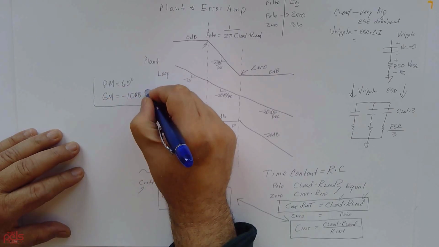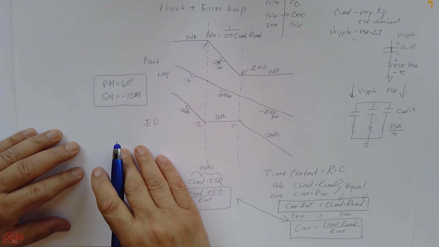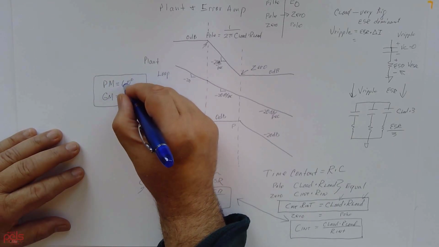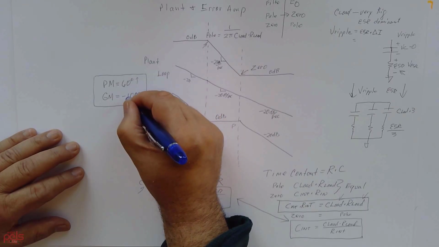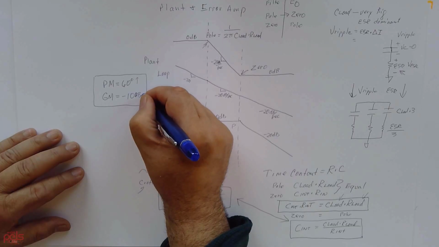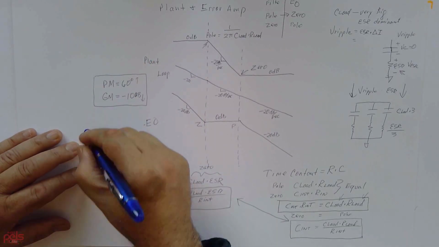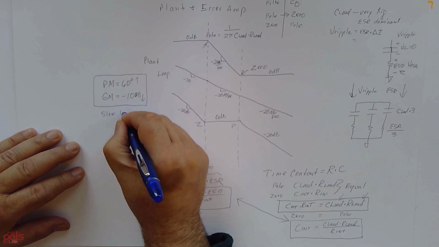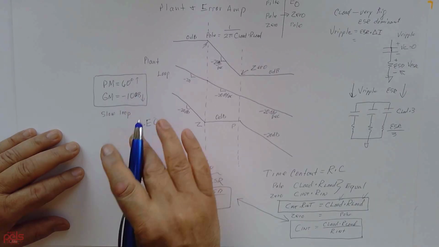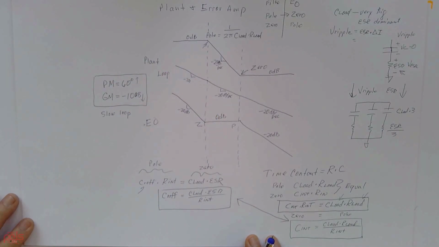So here's the target. If you can fit that, that's a good point. Anything 60 or higher, anything negative 10 dB or lower, just gives you a slower loop.